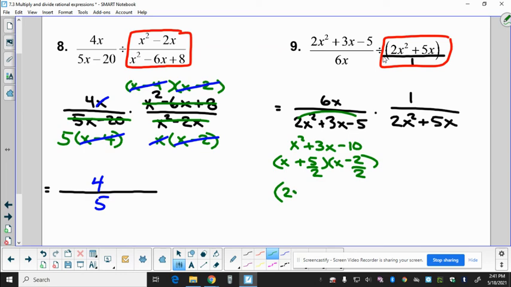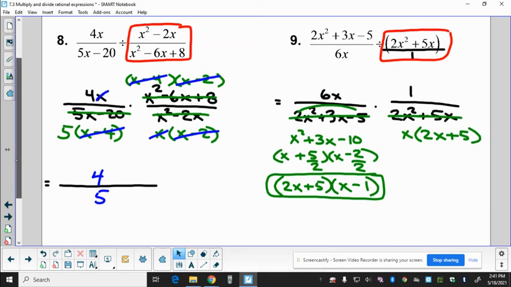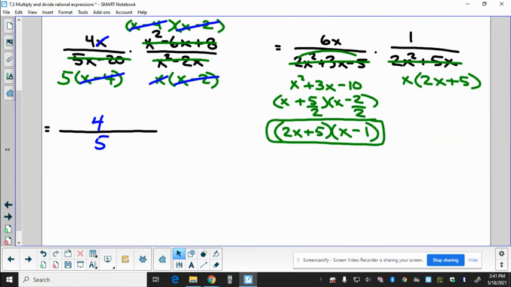So this will be 2x plus 5, x minus 1. So this is our factored form of this expression. And this can have an x factored out. Okie doke. Let's see if we can figure out what this becomes now.